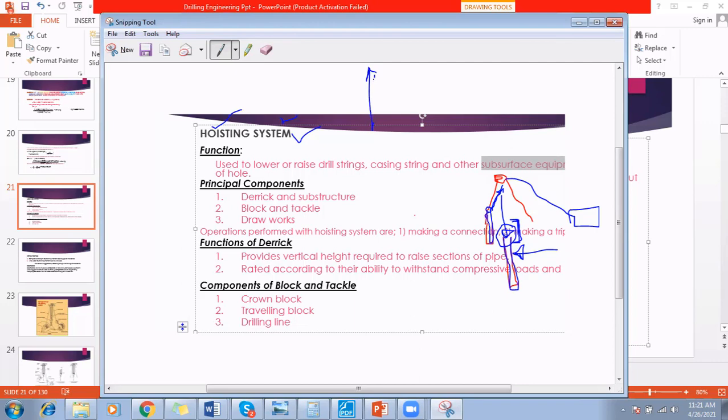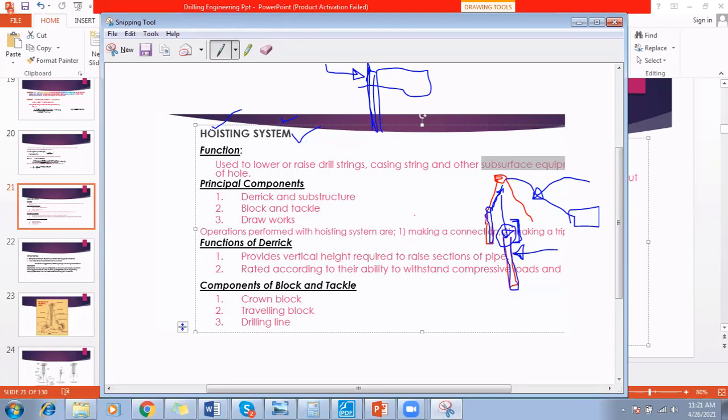Have you seen that in this kind of celebration we move the flag from downward to upward? That process is also called hoisting. Exactly the same thing we are doing, but we are raising and lowering the components that are associated with the drilling activity. So this is the hoisting system.